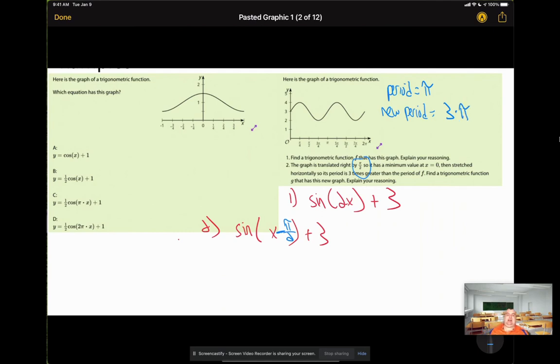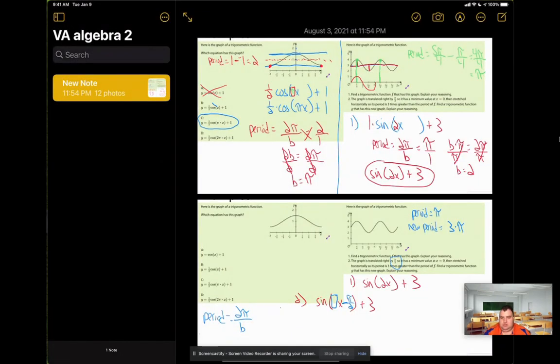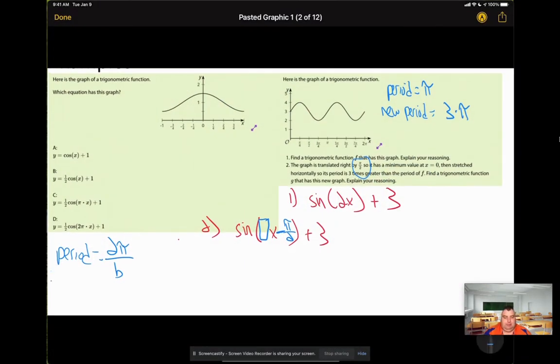So 3 times pi. So when I look to find what goes here, before it was 2, I now have to take 2 pi over b, because remember, that is the formula for period. Now instead of setting it equal to pi, like I did in number 1, I'm going to set it equal to 3 pi.